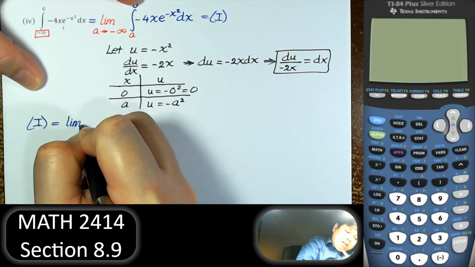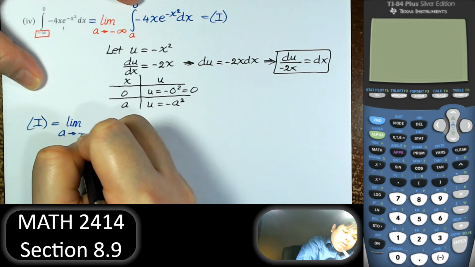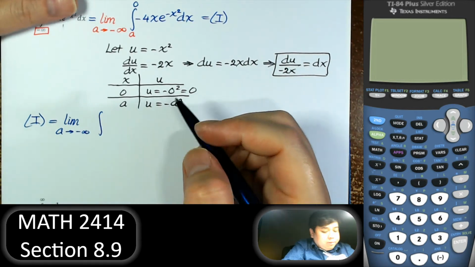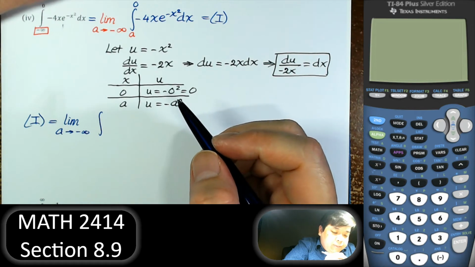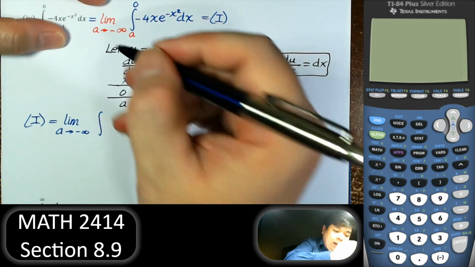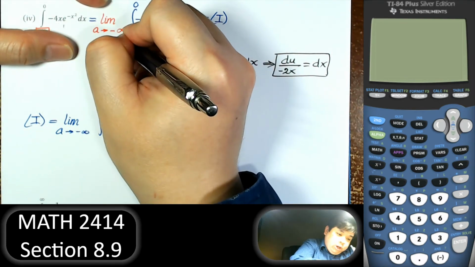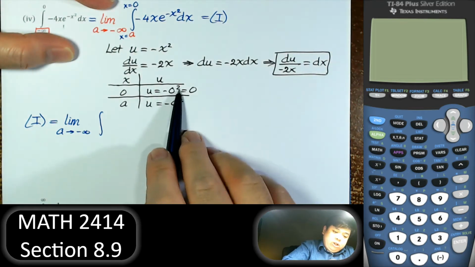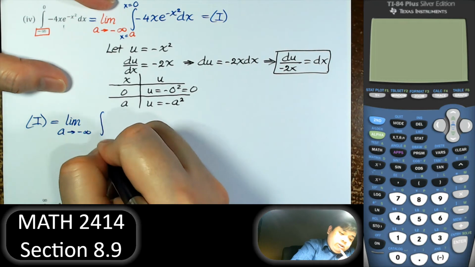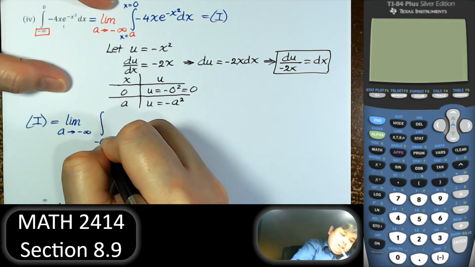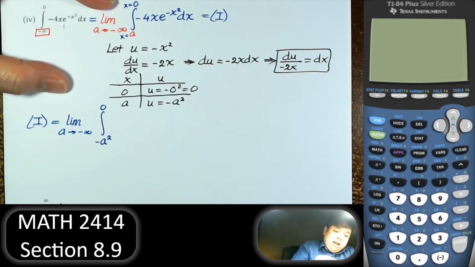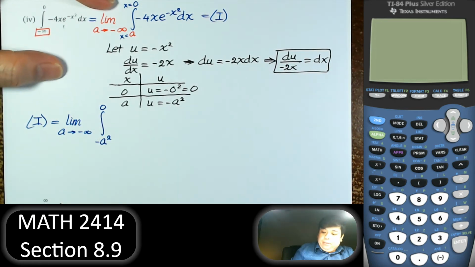Still have the limit of a going to negative infinity. Now the limits change. Originally it is x, now it will change to negative a squared to 0, and those are the limits for u.